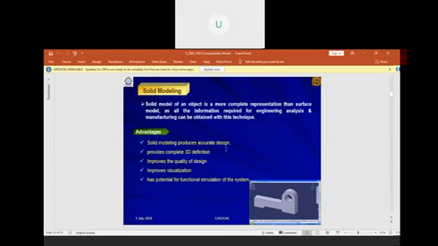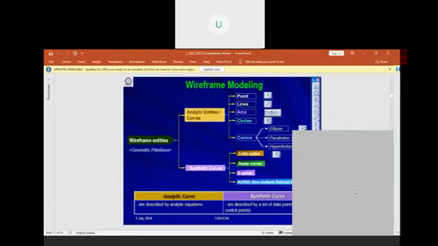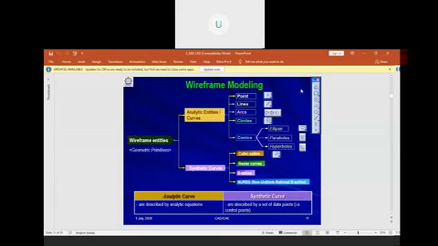Now, the different wireframe entities are available in any CAD software, and behind that there is a lot of mathematics. That means it is represented by mathematical equations. If your job is as a CAD user only, then you have to know in a particular software what icons are available, and use them efficiently so that you can develop any complex object.